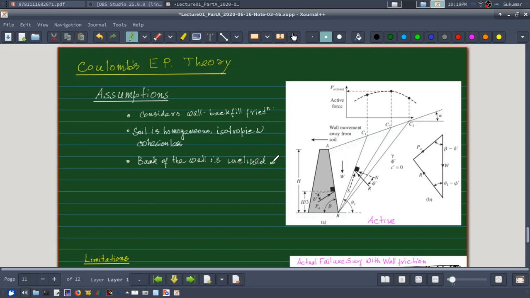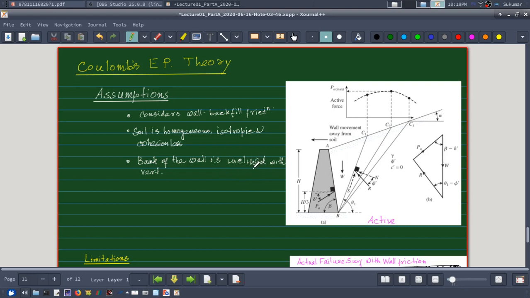Okay, it can be used for vertical back wall also, but in general it is inclined.